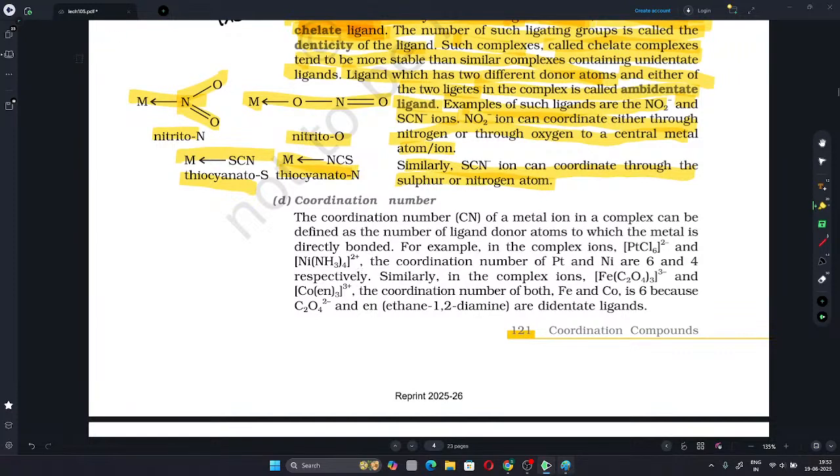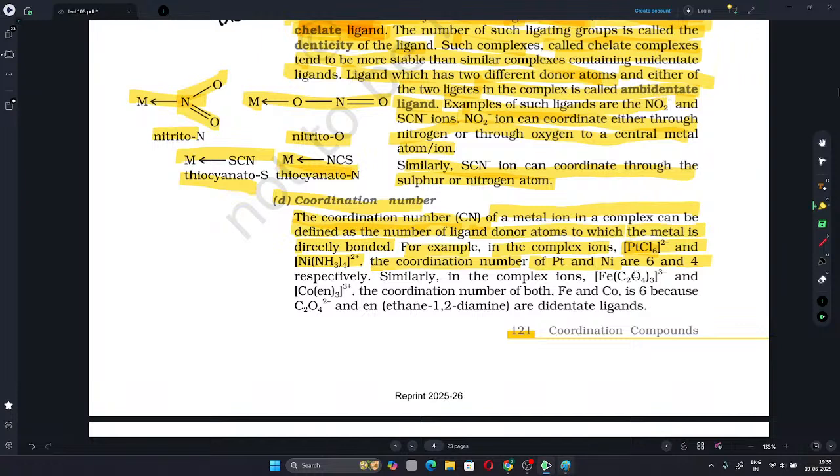And the fourth concept is coordination number. The coordination number for a metal ion in a complex can be defined as the number of ligand donor atoms to which the metal is directly bonded. For example, in the complex ions PtCl6 and Ni(NH3)4, the coordination numbers of platinum and nickel are 6 and 4.